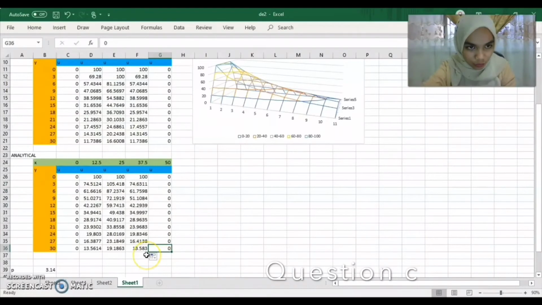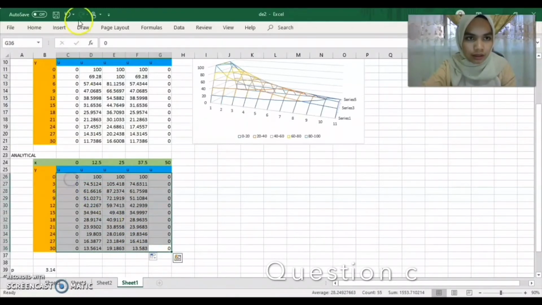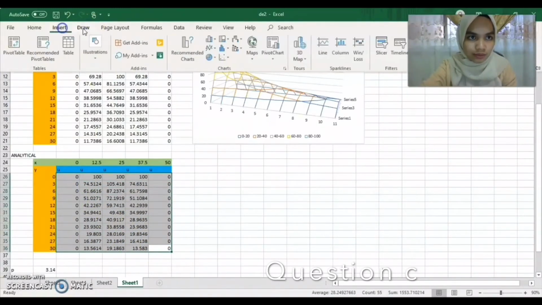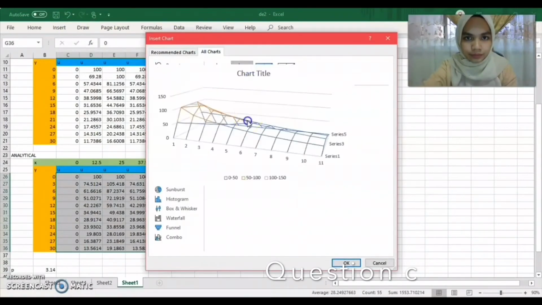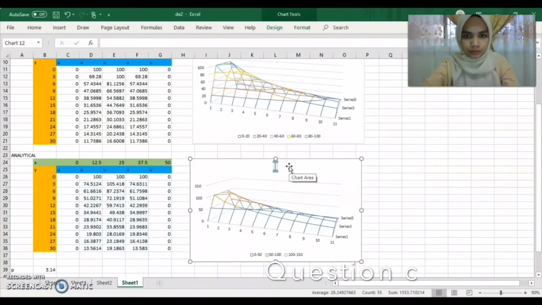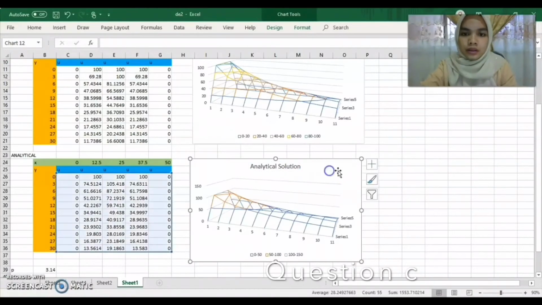Here we already have the analytic solution, so we can construct a graph to see these heat distributions more clearly. Okay, this is the graph for the analytical solution.